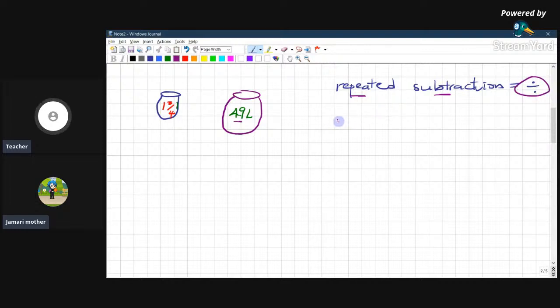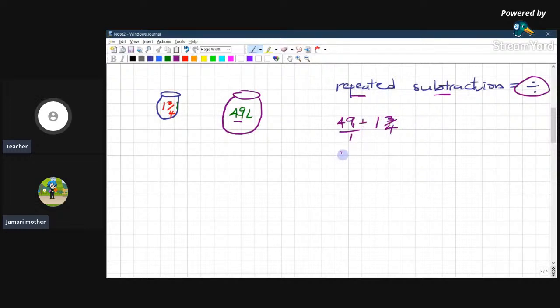So we could then say 49 divided by 1 3/4. Now, to make this a nice and neat fraction, I could put the 49 over 1 and change my mixed number here to an improper fraction.